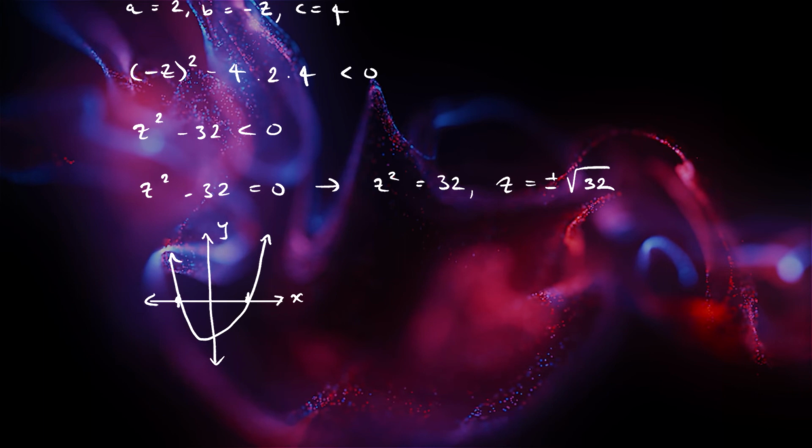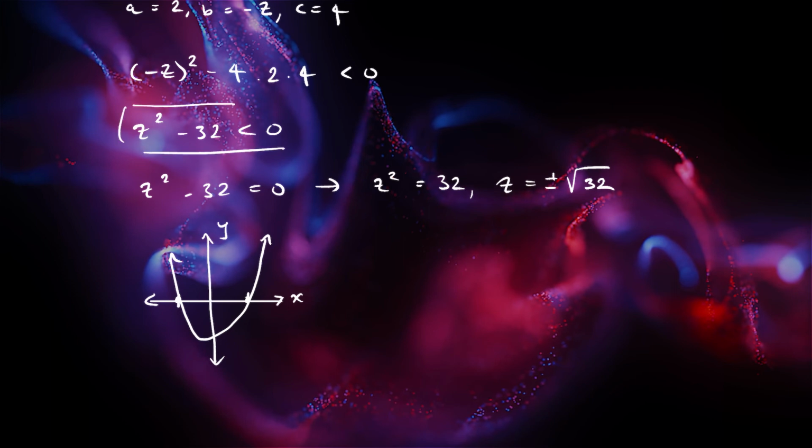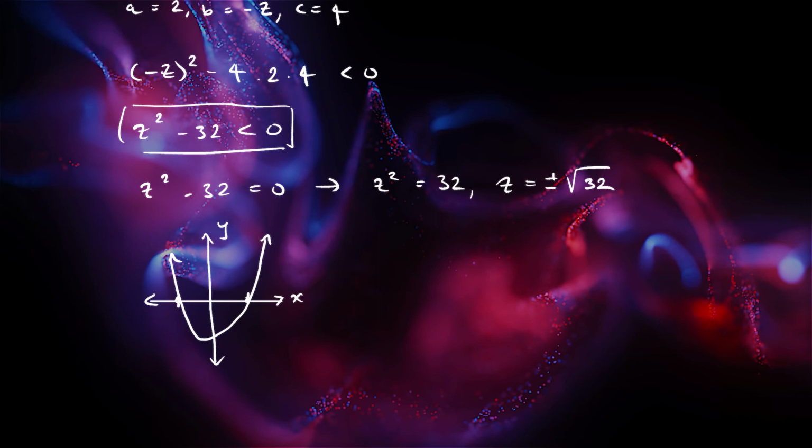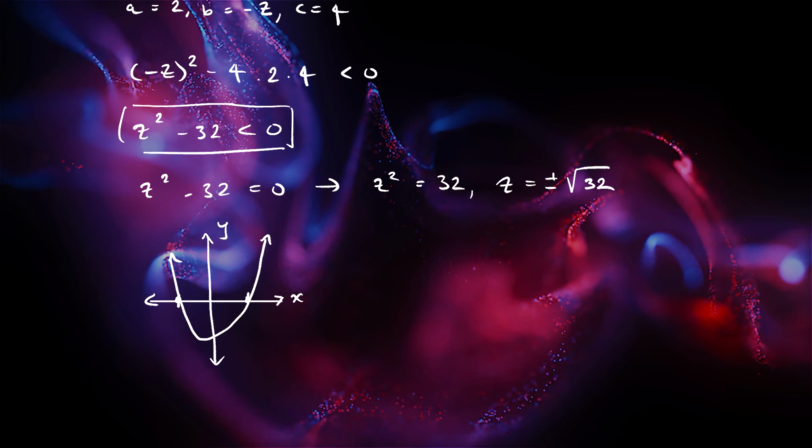So, okay, we've said with our inequality that the value here must be less than 0. So where is this true? Where is this value being less than 0 on the axis, right? So this is only true, how do I explain this?